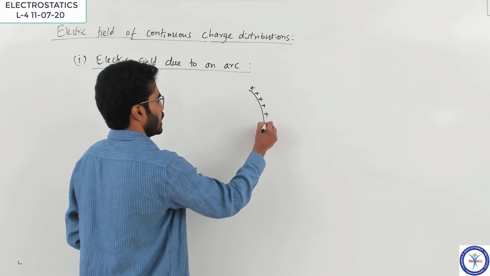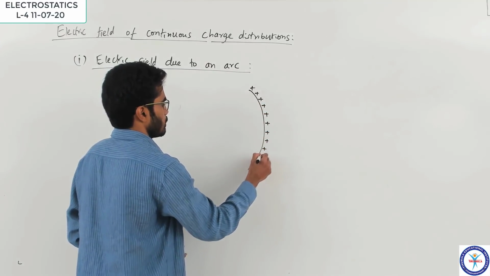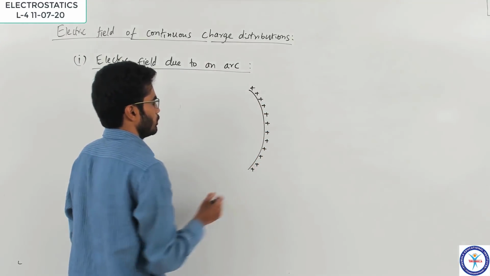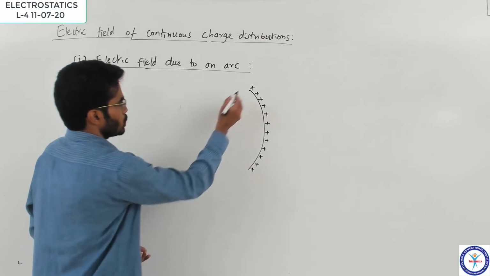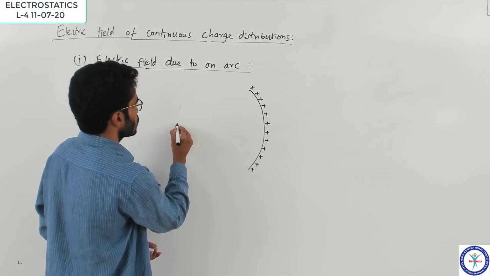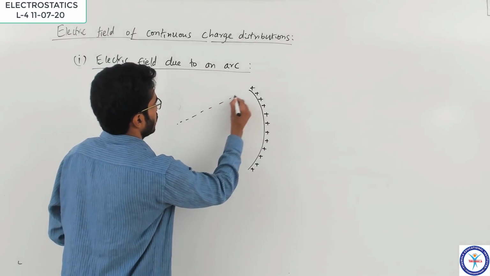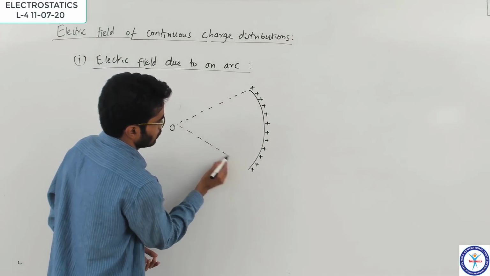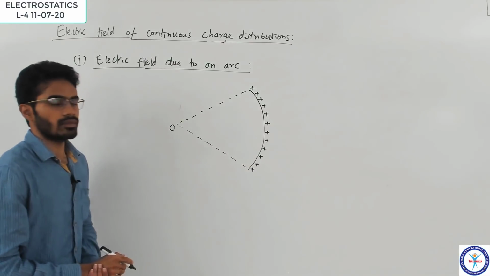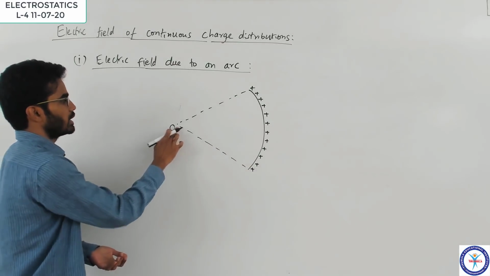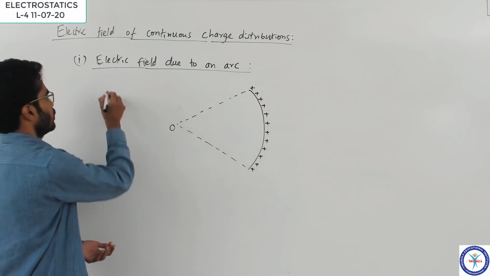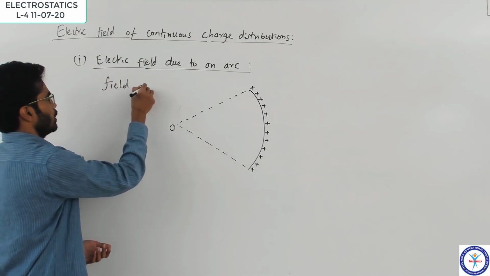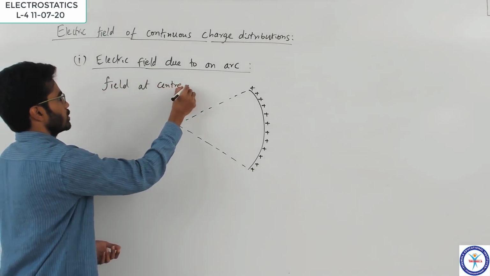The shape is an arc. It is a portion of a circle, and it has its own center. Let that be O. We have to calculate the field at the center.